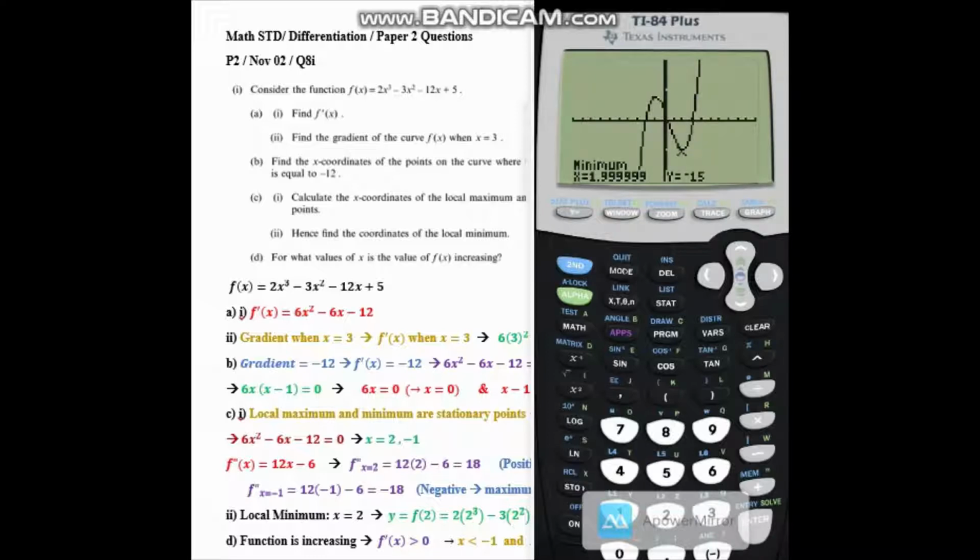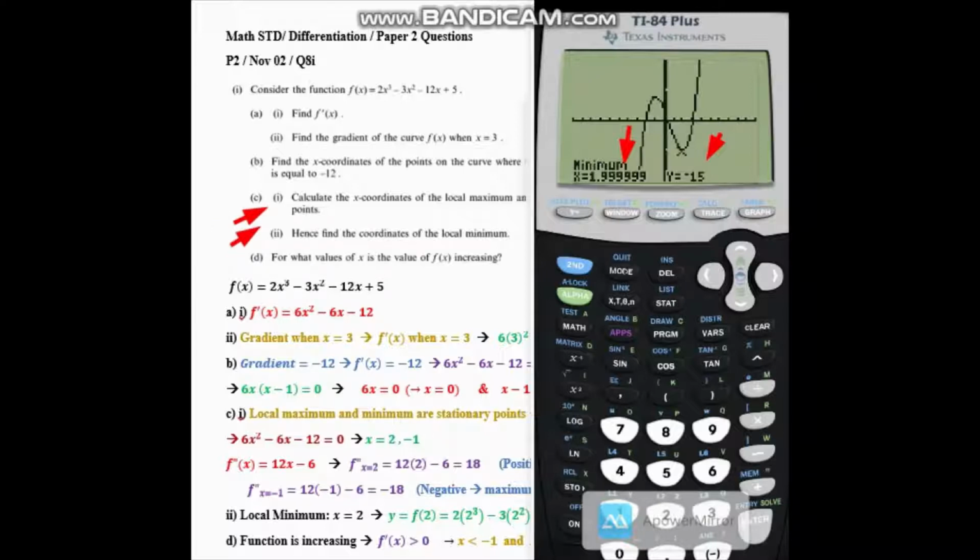So the GDC tells me that the x value is 2. Whenever the GDC has 1.999, of course you immediately approximate to 2. And the y value is negative 15. These are the same answers that we got for (c)(i) and (b)(ii).